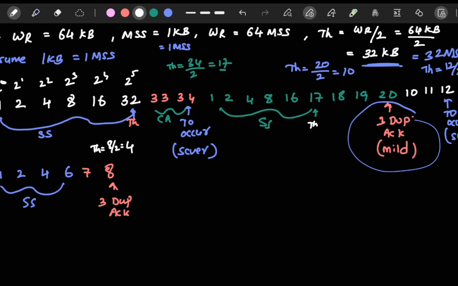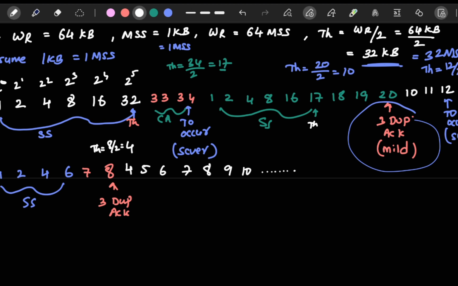Then it will enter into the congestion avoidance phase and grow linearly, but it will start from 4. Linearly means it will not directly start from 9, it will start from 4 itself. So 4, then 5, then 6, then 7, then 8, then 9, then 10.